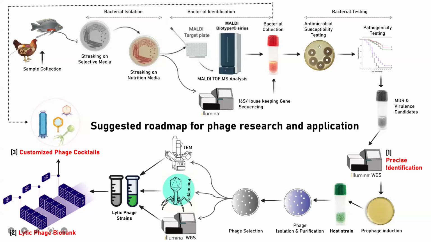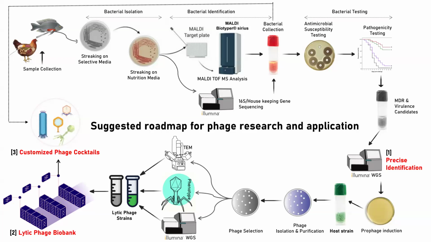Maybe it comes from E. coli, Salmonella, Campylobacter jejuni, or in aquaculture we have Aeromonas hydrophila, Edwardsiella tarda, or many types of bacterial infection in the livestock industry. So first, to start the research and application, we have to go for the sampling.